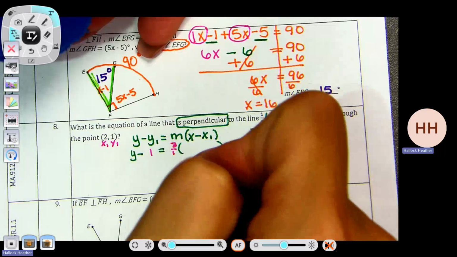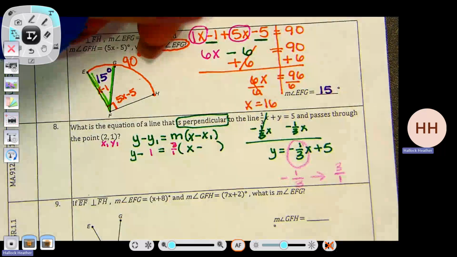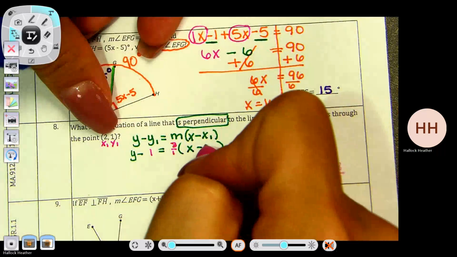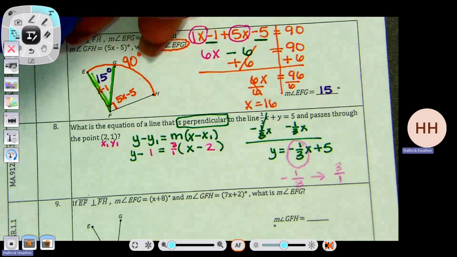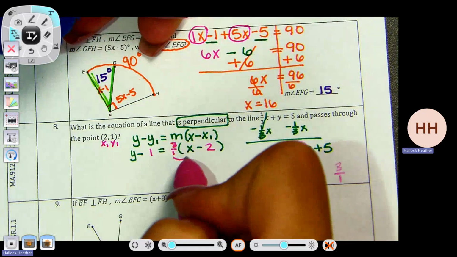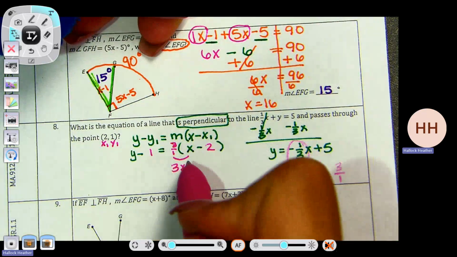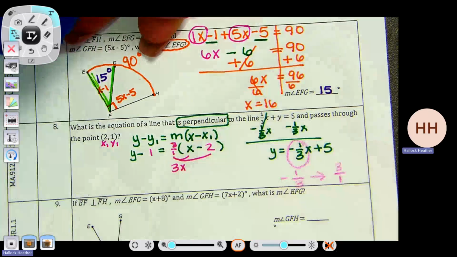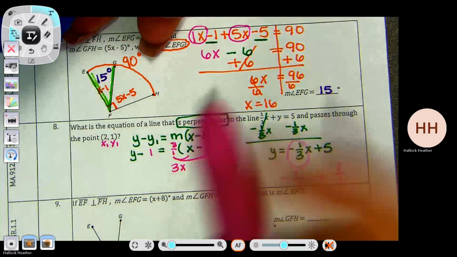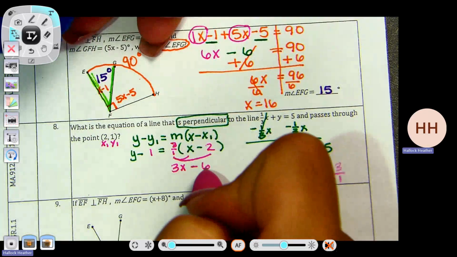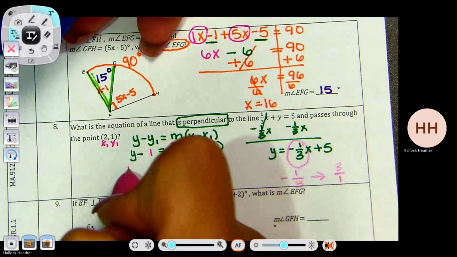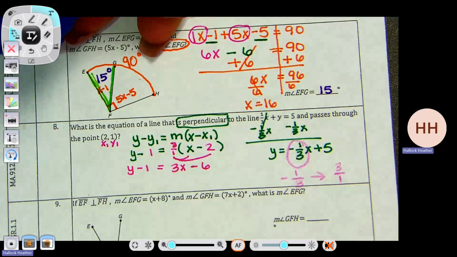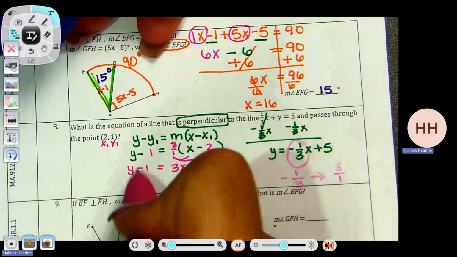Then in parentheses, I have x minus 2. Now I can distribute. 3/1 times x is 3x. 3/1 times negative 2 is negative 6. And then I have to move my 1 over. So I add 1.